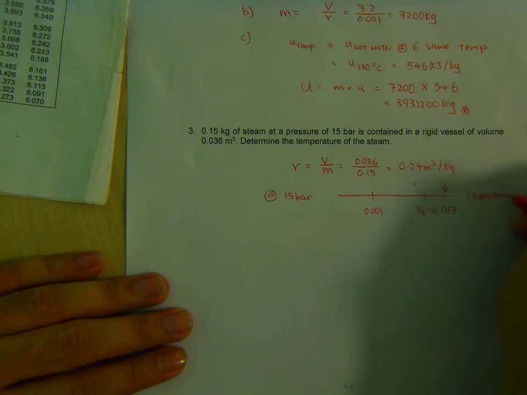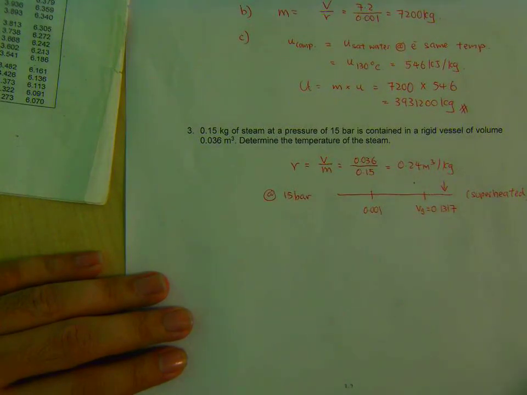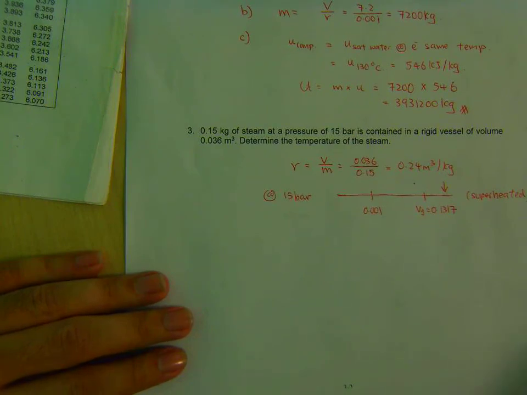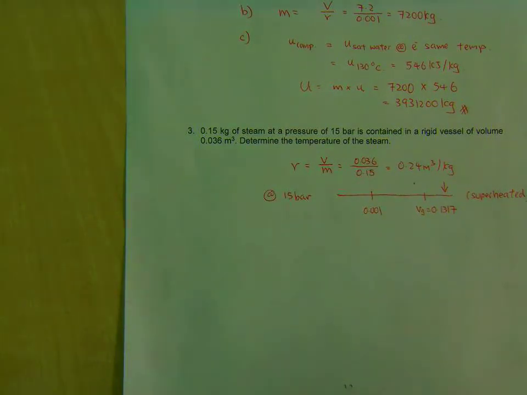Try to make this a habit, because there's no guarantee that they won't try to cheat you in the exam. In this case it is superheated, so we have to go to the superheated table to find the temperature. Let's flip to the superheated table, and we look for 15 bar. Okay, 15 bar is here.